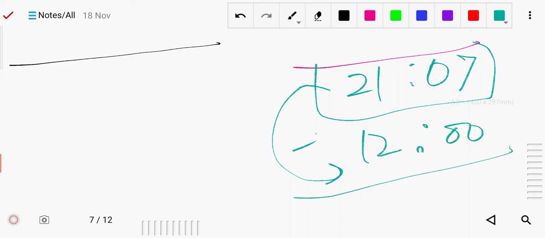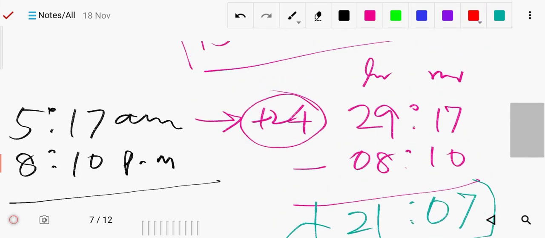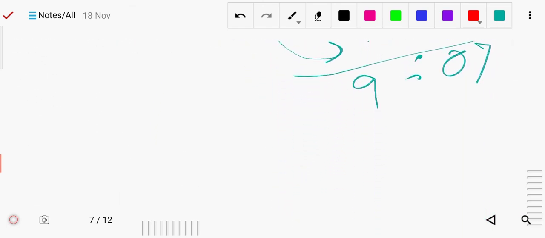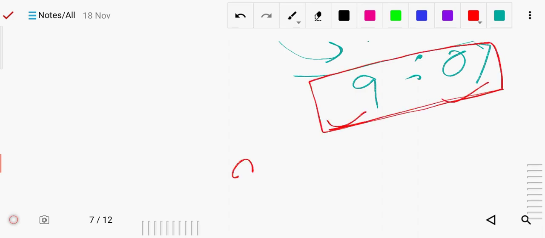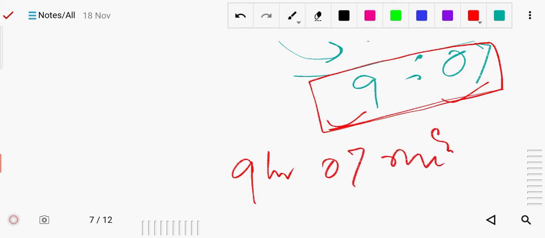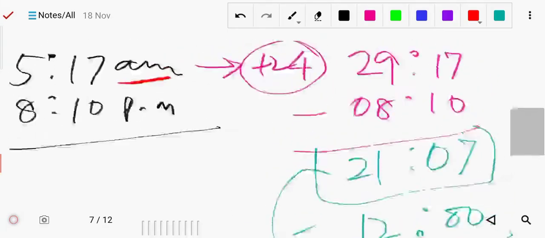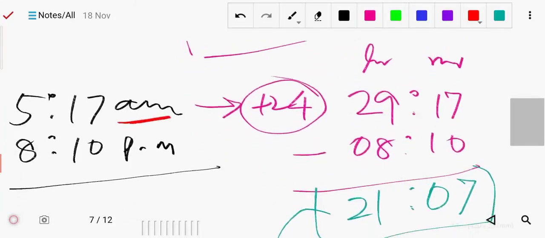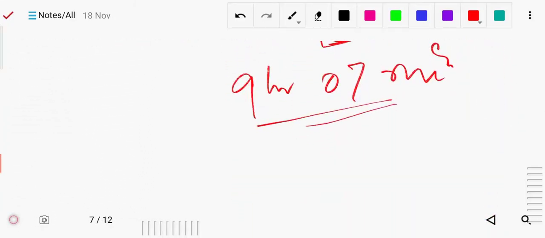So it will be 7, and here it will be 9. You only have to find the duration, so no AM or PM is required: 9 hours 7 minutes. That's the duration, because we are getting the difference of these two times, so 9 hours 7 minutes.